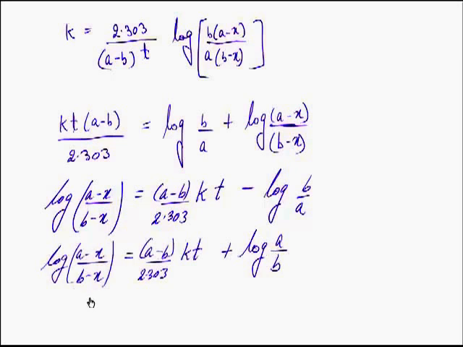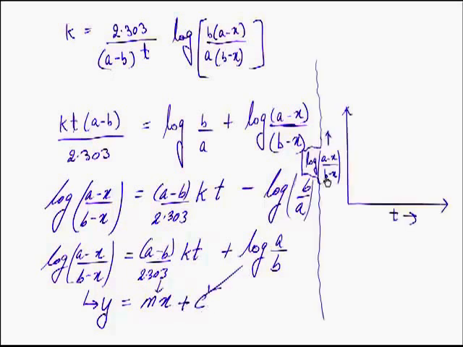This expression is obviously of the form y equal to mx plus c, and hence if we plot a graph of log a minus x upon b minus x versus t, it will be a straight line having a y-intercept, and the slope of this graph according to this equation will be a minus b upon 2.303 into k.